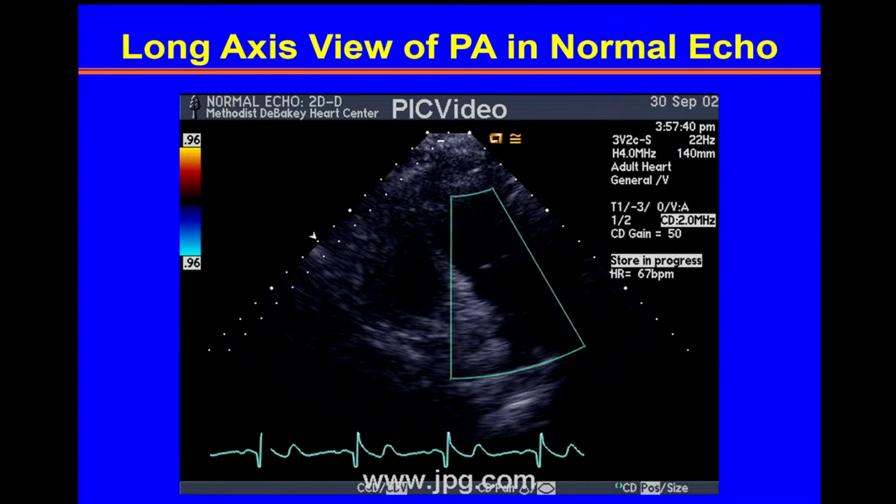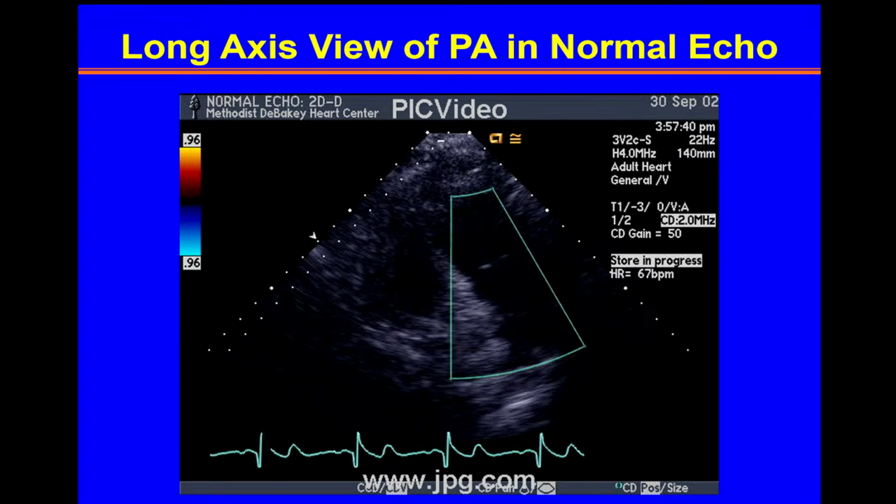We can record flow also in the RV outflow tract and in the pulmonary artery. This is a long axis view that shows you the PA, and you see the pulmonic valves. Sometimes it's challenging to get a good measurement of the RVOT and of the region below the pulmonic valve, something that contrast can enhance in this acquisition.